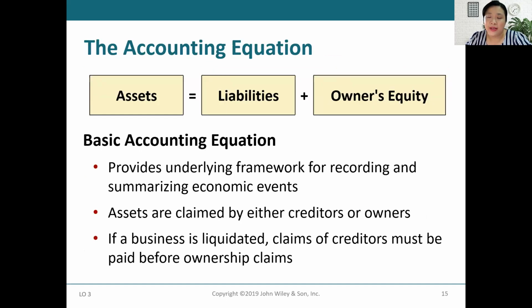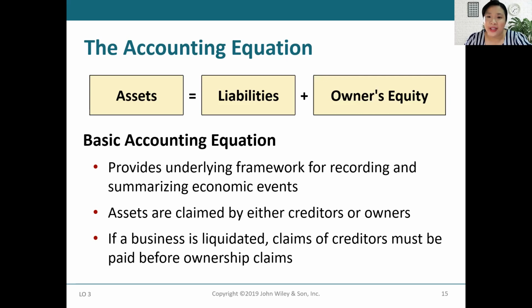All right, now let's look at the accounting equation. The accounting equation is the most important equation in accounting. Everyone who studies accounting needs to understand the accounting equation.